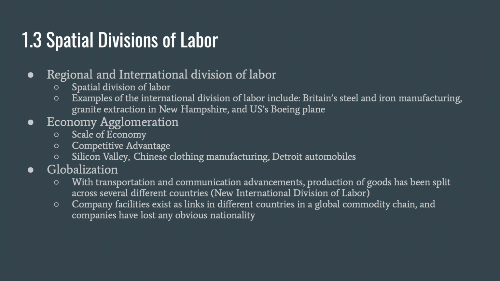The low-cost products are entering the global markets continuously. The economy agglomeration increases the product's competitive advantage. For example, the chips in Silicon Valley, the Chinese clothing factories, and the automobiles in Detroit.